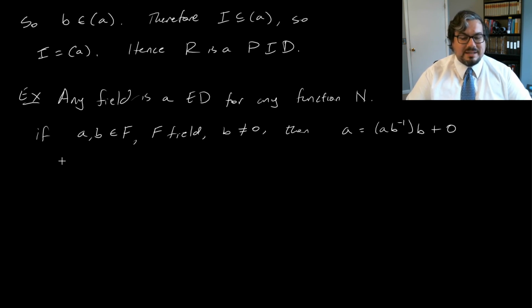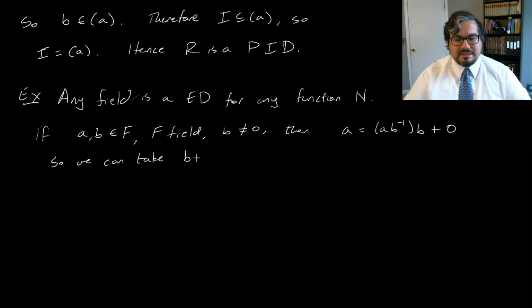So we can always take Q to be AB inverse and R to be 0. Oh, I shouldn't say any function n.